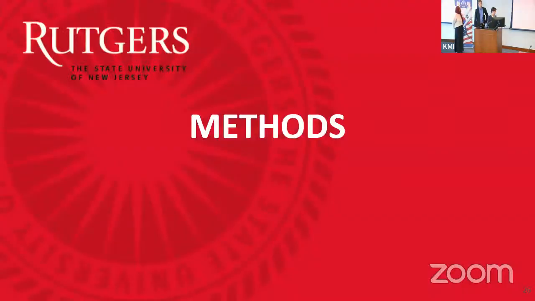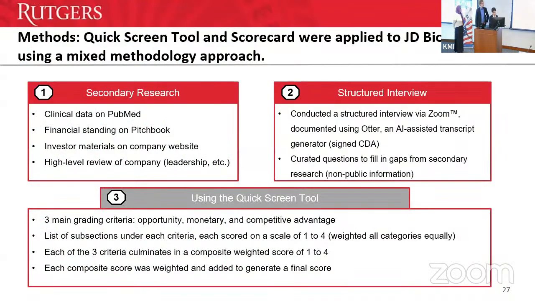Now that we have a sort of background of JD Bioscience, we'll go into talking about how we used a quick screen to effectively assess this company. First off, with methods, we took a mixed methods approach. That means we didn't use a standardized case study method.